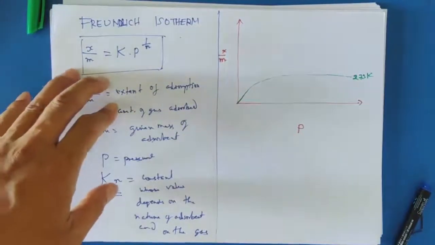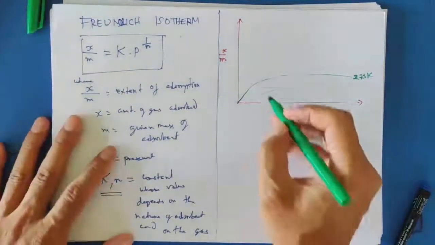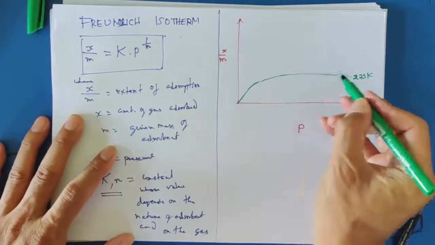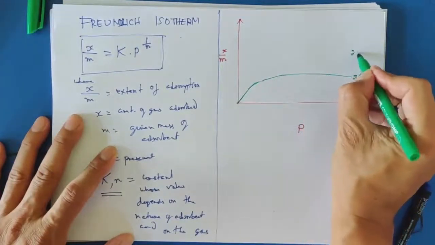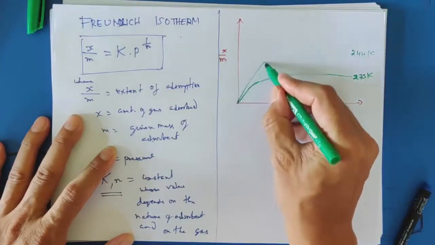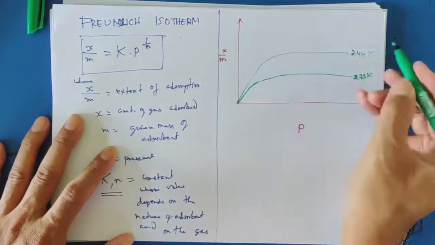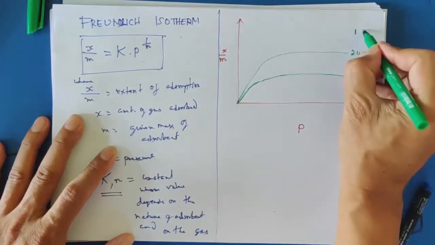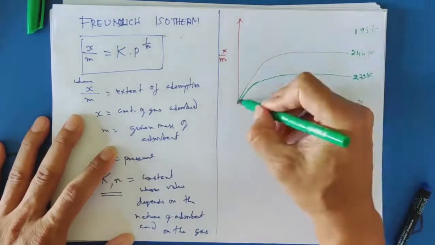Then the temperature decreases to 244 Kelvin, then 195 Kelvin.